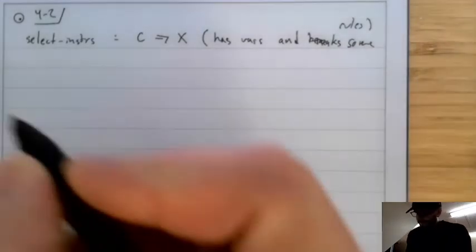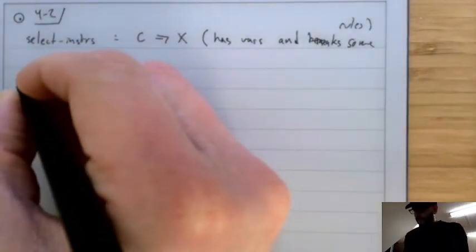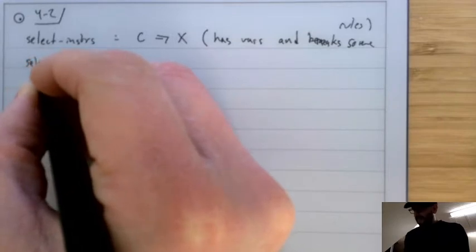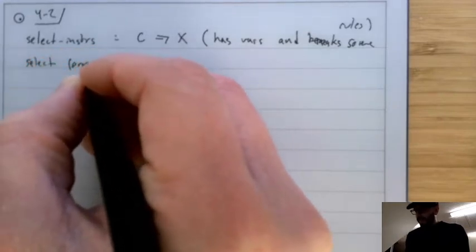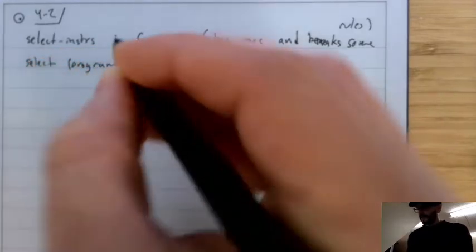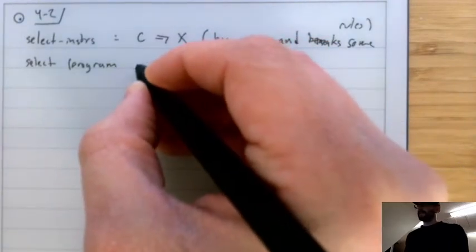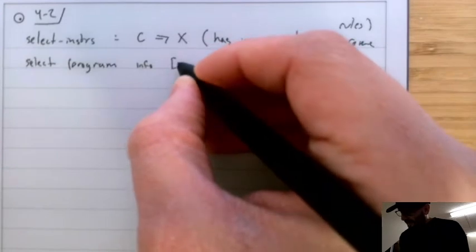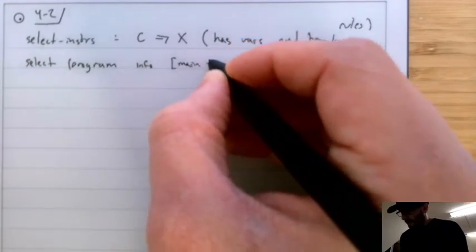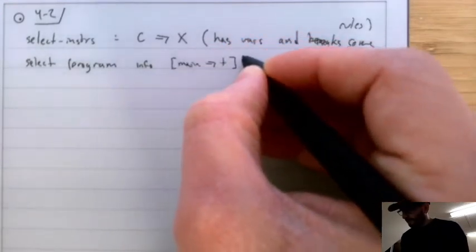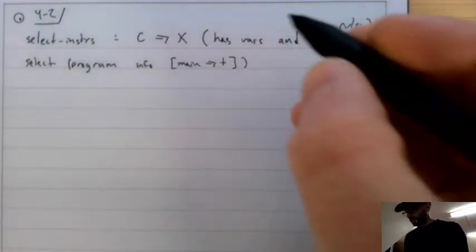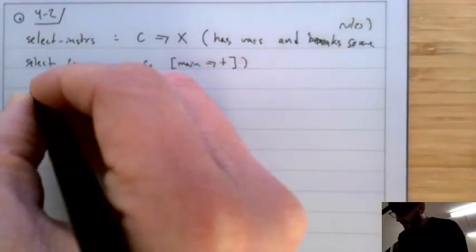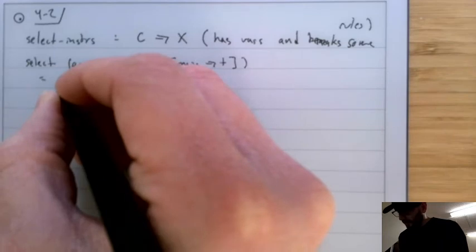Okay. So when we call select and we give it a program that has some info and a mapping from main to a tail, then we're going to turn that into a program.